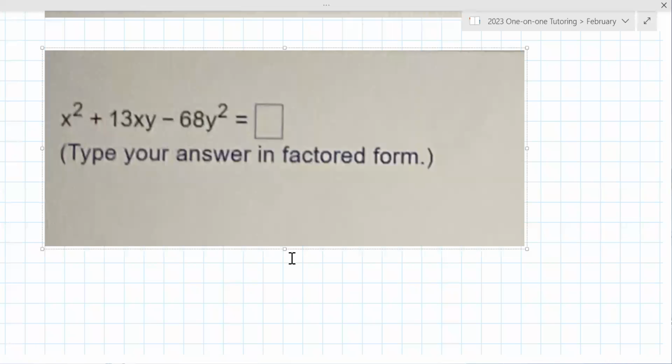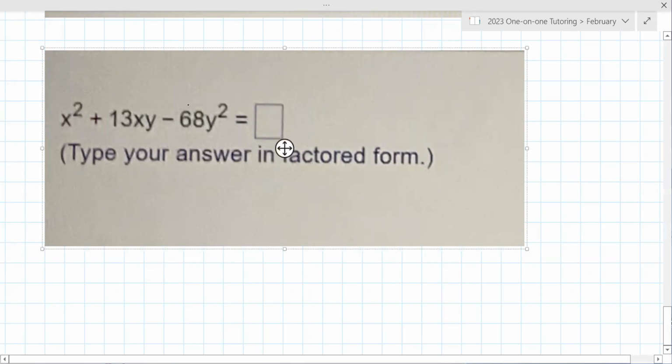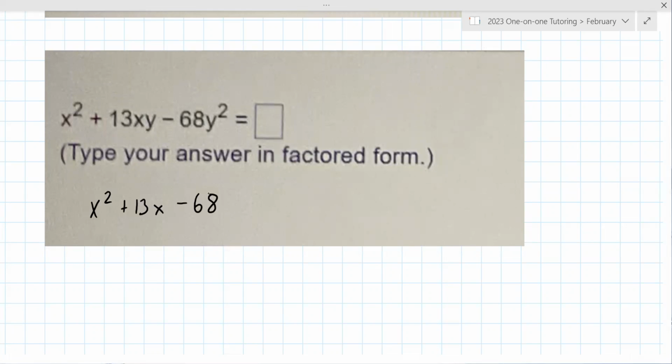We pretended that one of the variables was just not there. Yes, you ignore or omit the y, and then see if it works out.